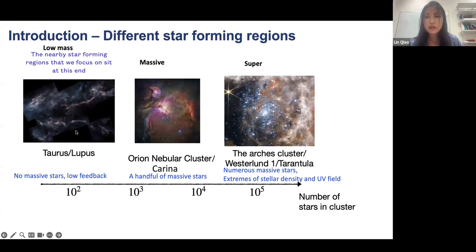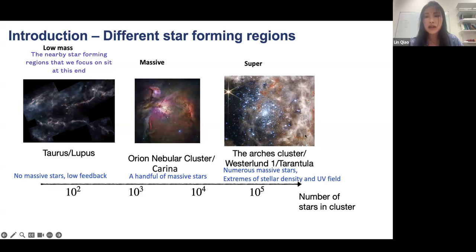So there are low-mass star-forming regions, like our nearby star-forming regions, such as Taurus or Lupus, that only contain hundreds of stars without any massive stars. There are also massive star-forming regions, such as ONC and Carina, that contain a handful of massive stars with higher stellar densities, with massive stars giving off radiation and stellar feedback in the cluster. And there are also supermassive star-forming regions that contain numerous massive stars.